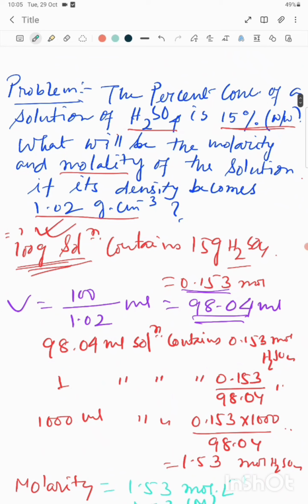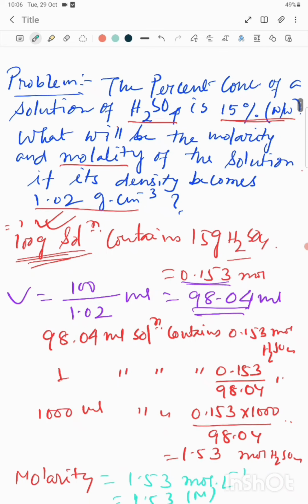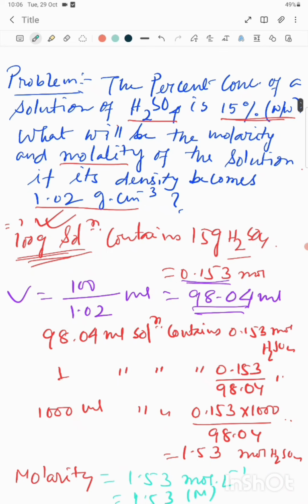Sometimes it becomes so tricky for us, so always try to remember that molarity, R means volume dependent, and molality, L means mass dependent. You have to remember this one, then it will be clear, because in most portions the number of moles of solute is common, but for molality it is present in 1000 gram of solvent.